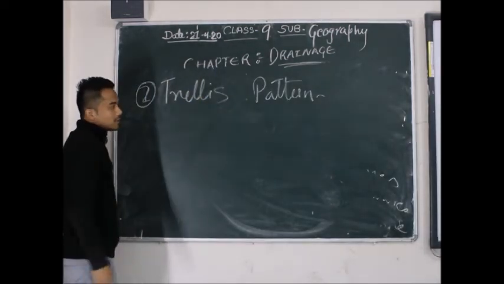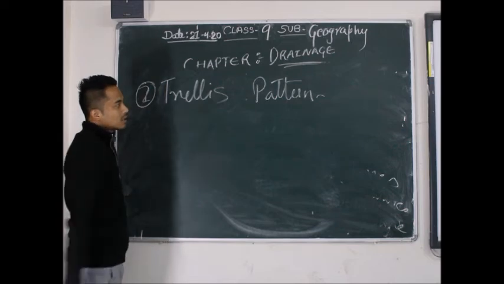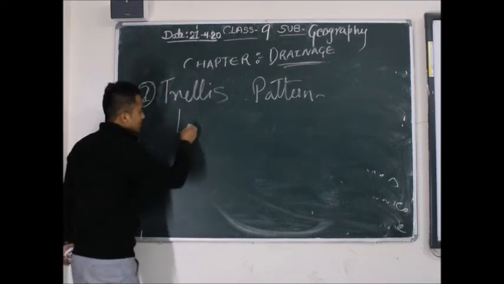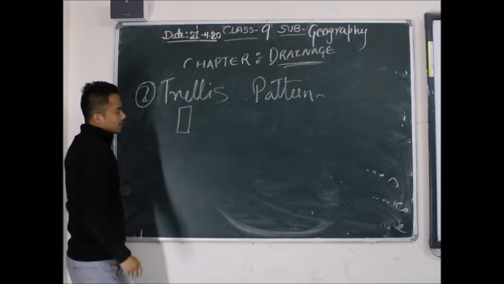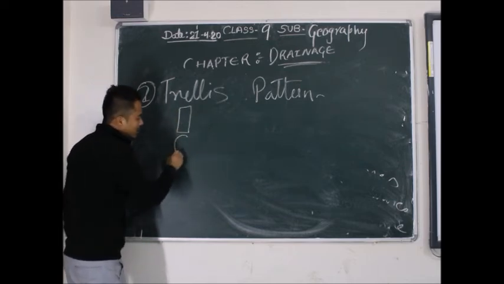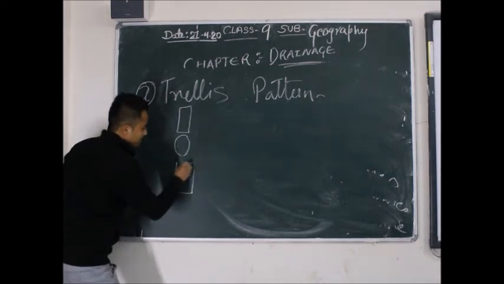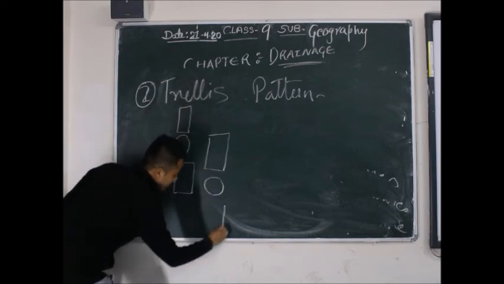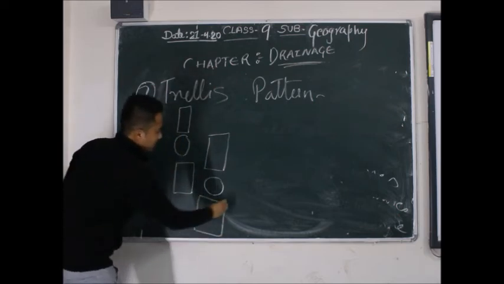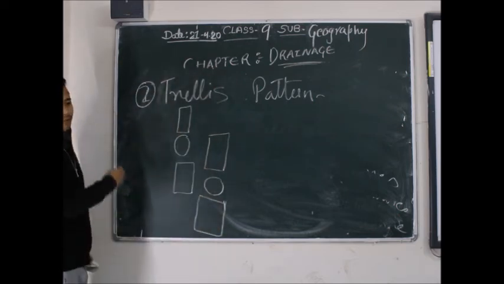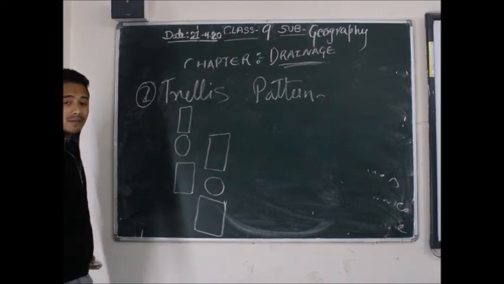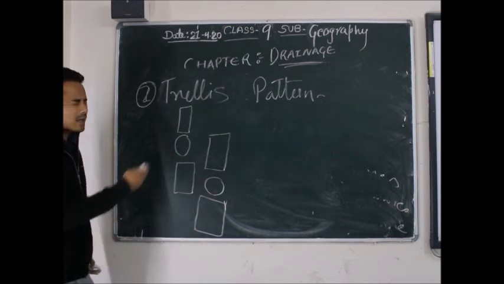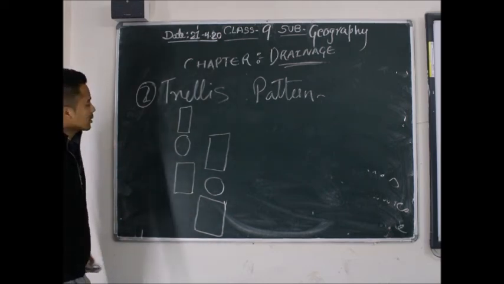In this trellis pattern, the soft rocks and hard rocks are present in a parallel manner. Likewise, in this manner. Okay, this shape is a hard rock, and this shape is a soft rock. Hard rock, soft rock, hard rock. So I told you earlier, the river finds its way where it is simple, where it can break the rocks and make its way.